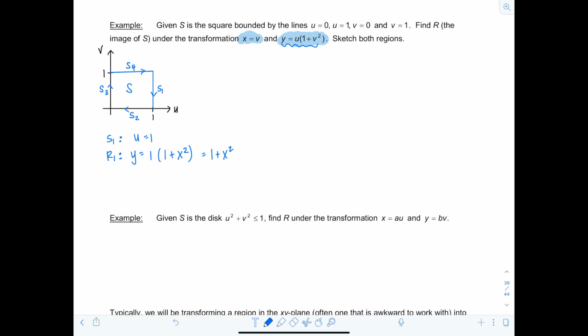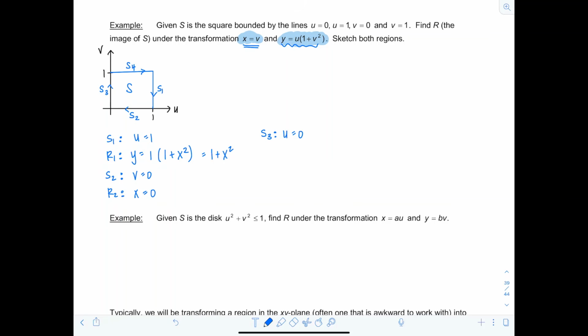All right, interesting. What about S2? So S2's equation is v equals 0. Well, what would R2 be? Let's see what's relevant. Well, if v is equal to 0, I know that means x is equal to 0. All right, very nice. 2 more to go. So S3, that equation is given by u is equal to 0.